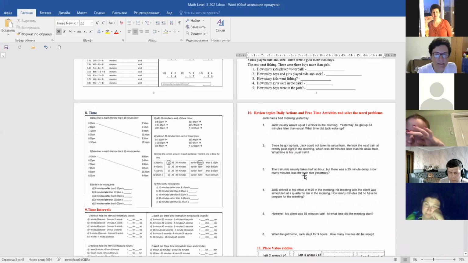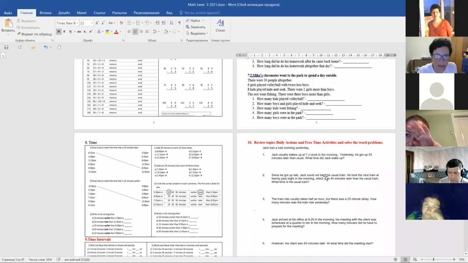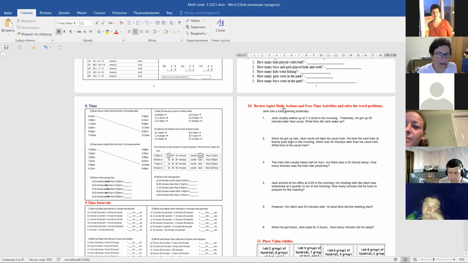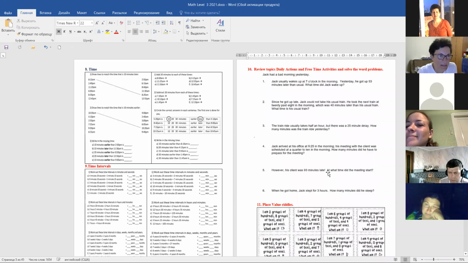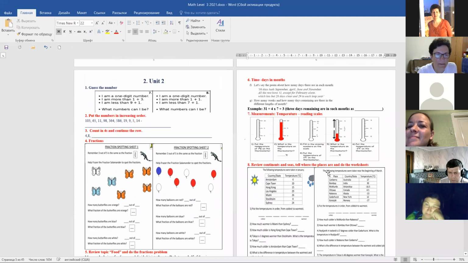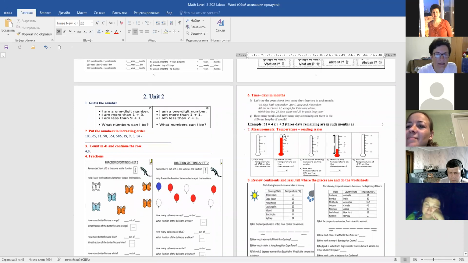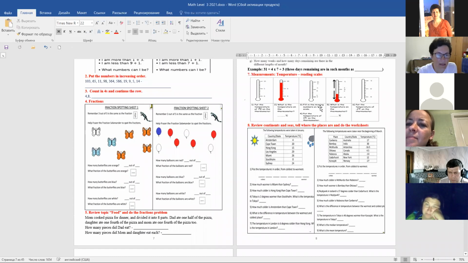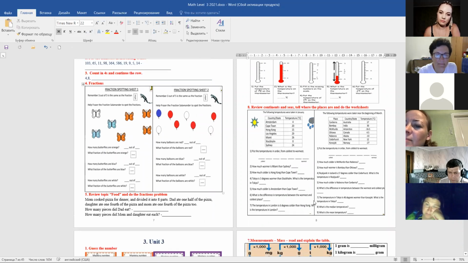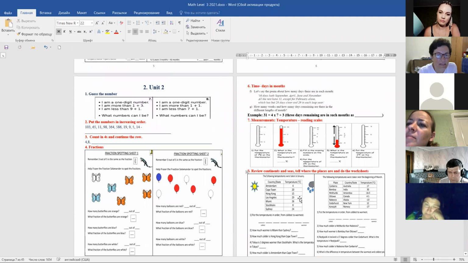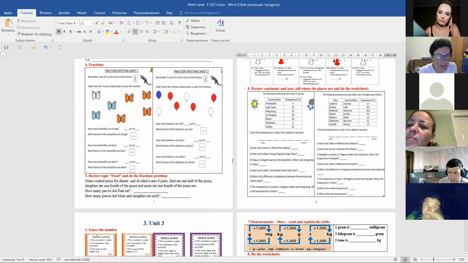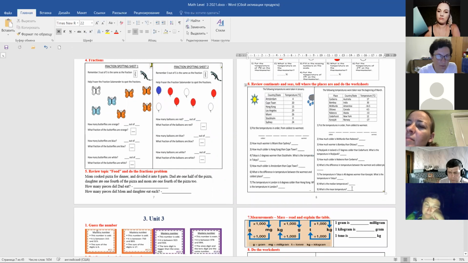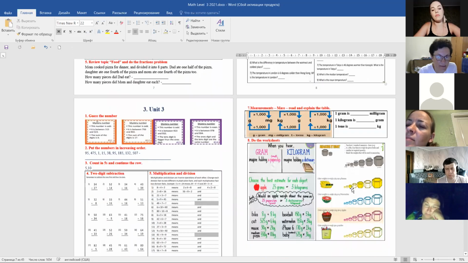Some problems I took from the internet and they're connected with the topics which we won't do this time. Then days in a month, time, measurements, fractions. We start doing fractions and lots of interesting tasks connected with temperature, all from Salamander Math.